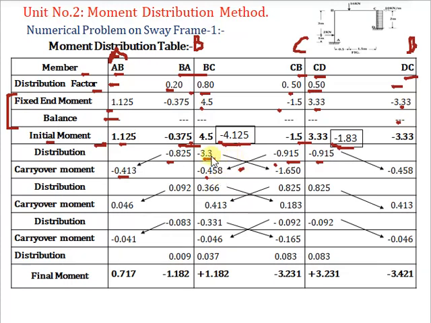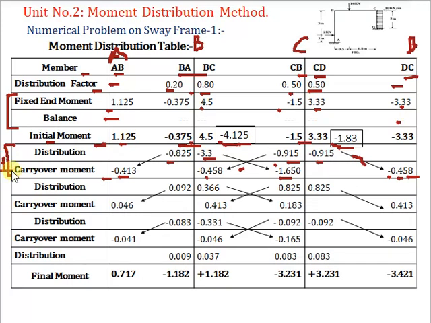Then carry half of minus 3.3 to the far end, which becomes minus 1.650. Same way carry the moment from joint C toward the far end D: half moment, so 0.915 divided by 2 becomes minus 0.458. So first we did the distribution and then the carryover. This is the first iteration.